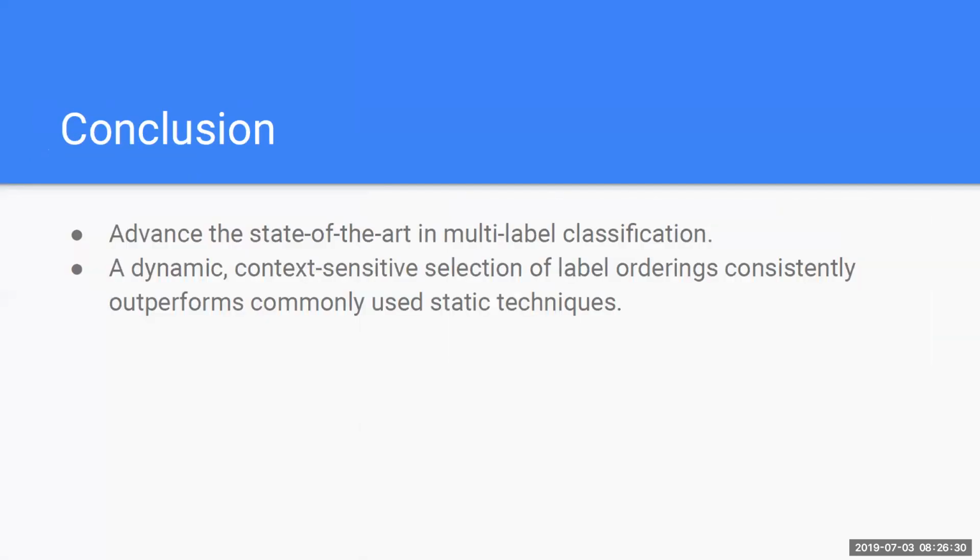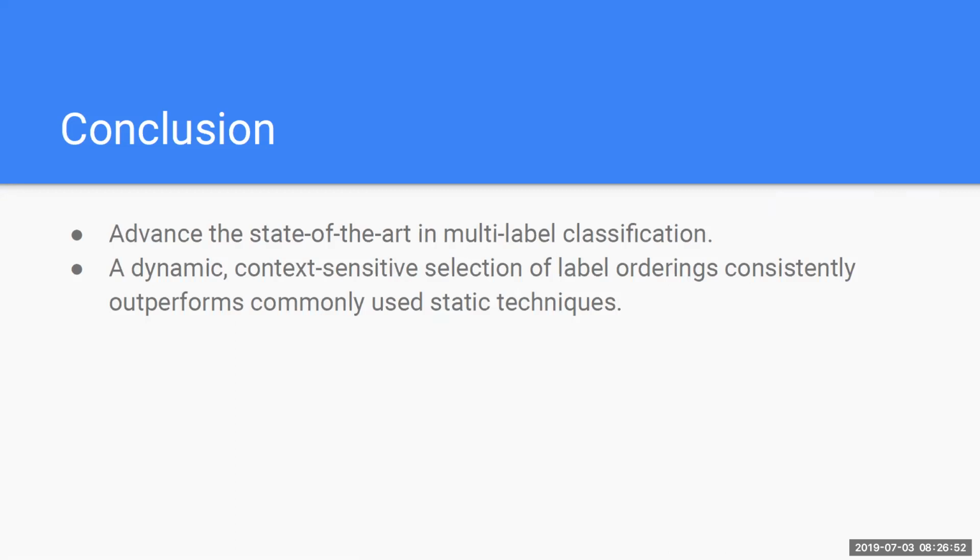So finally, this has beaten or done competitively with the current state of the art in multi-label classification for both metrics. So it's trying to solve both problems. One, it's trying to maximize the accuracy for the multi-label classification problem.